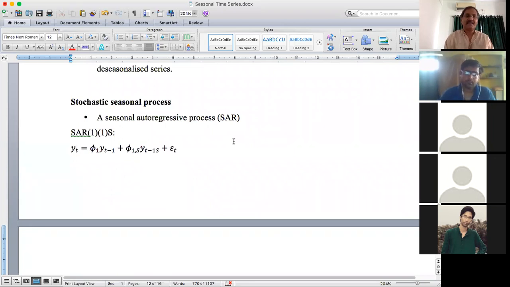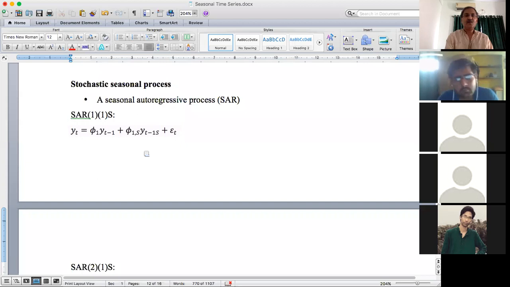Now your task is to analyze the nature of stochastic behavior, that is, whether it is stationary or non-stationary, whether it contains a unit root or not. In the case of a seasonal time series, there are two types of autoregression: non-seasonal and seasonal.